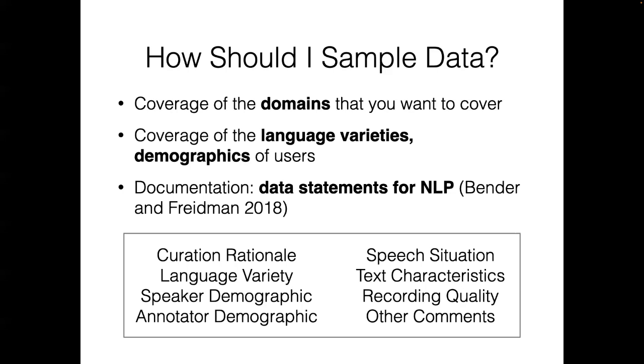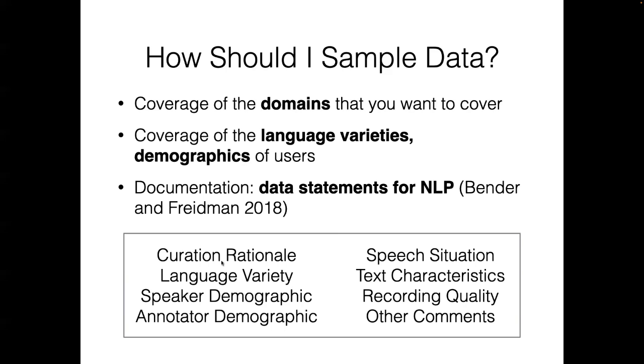And here is a more concrete list of things. This is from something called, it might be, Datasheets for NLP. But anyways, they go through and argue for points that you should care about when you are collecting or sampling data, or when you're using someone else's data.